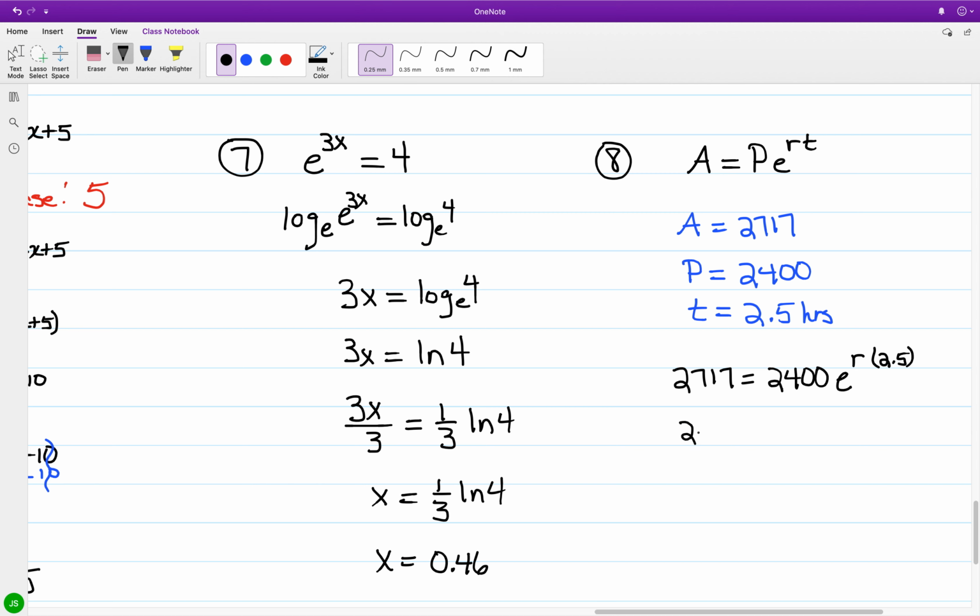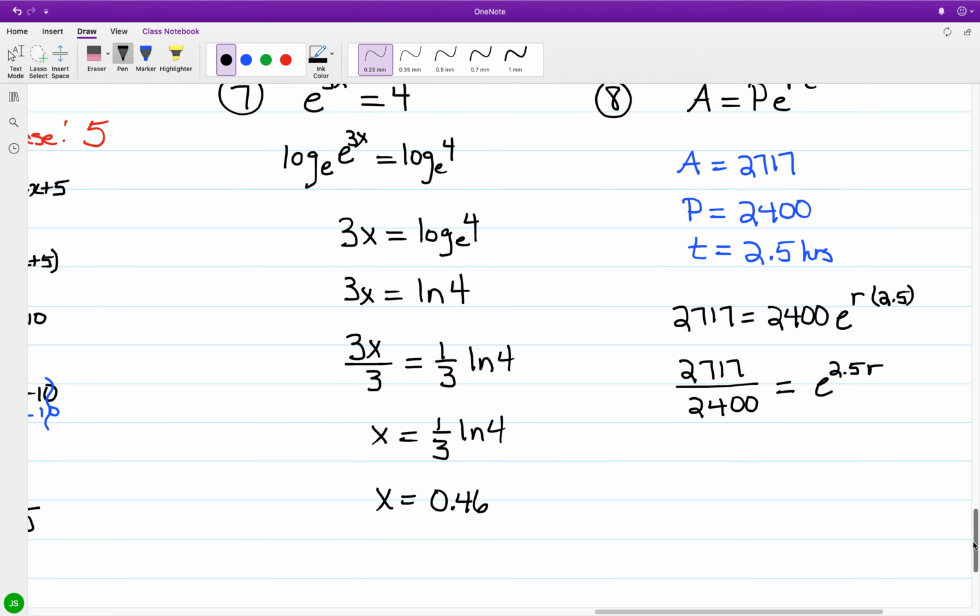And next, if we look at division, 2717 over 2400 is equal to e raised to the 2.5r. And to get rid of the e and have the right-hand side expressed in terms of just 2.5r, I can take the natural logarithm on both sides.